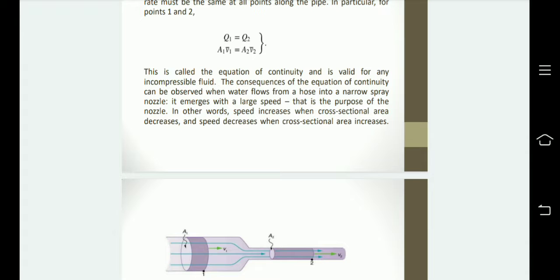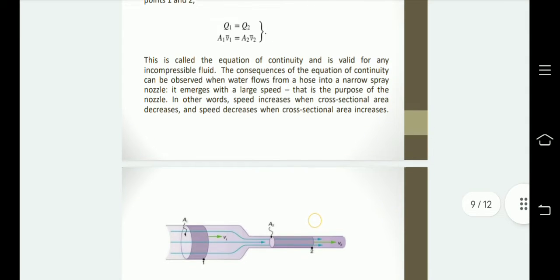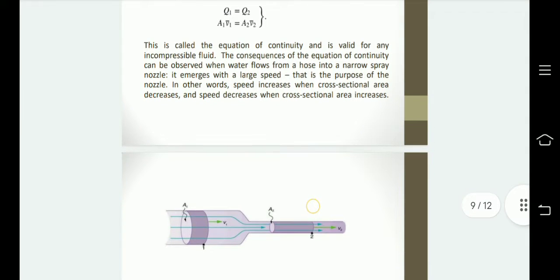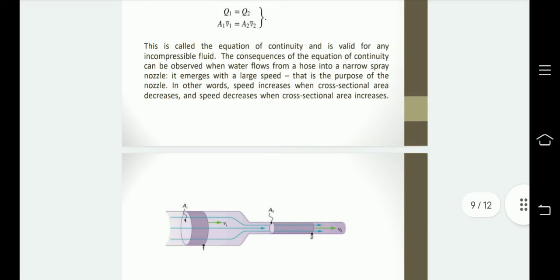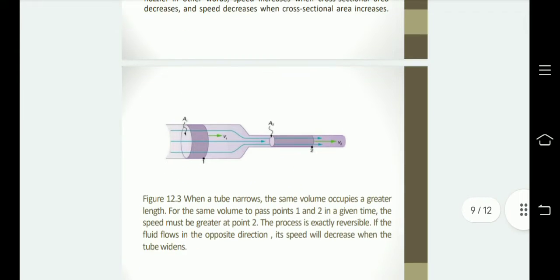The consequences of the equation of continuity can be observed when water flows from a hose into a narrow spray nozzle. It emerges with a large speed. That is the purpose of the nozzle. In other words, speed increases when cross-sectional area decreases, and speed decreases when cross-sectional area increases.